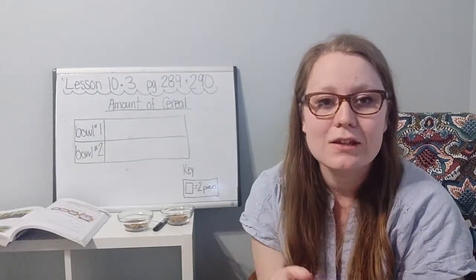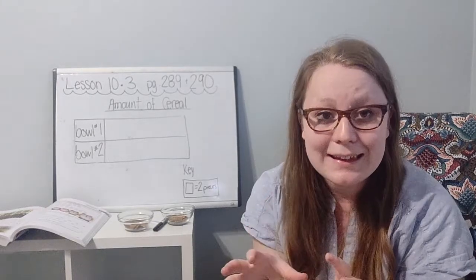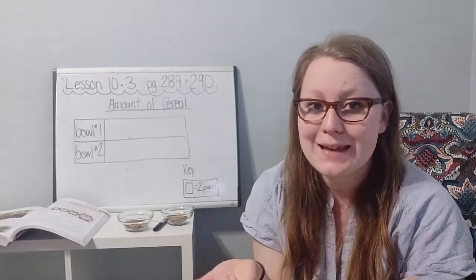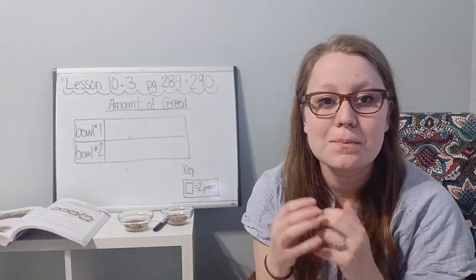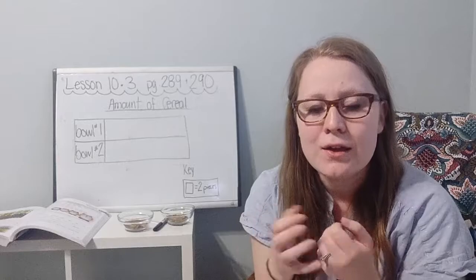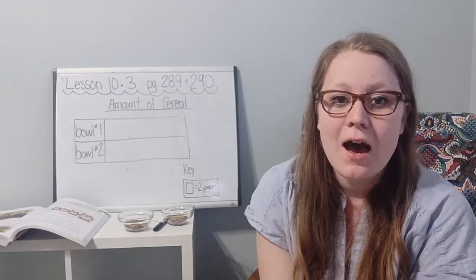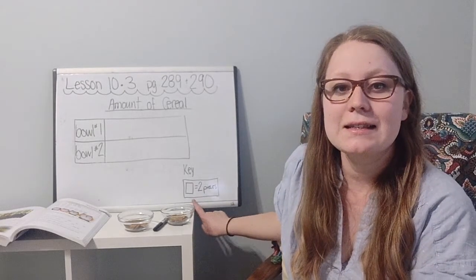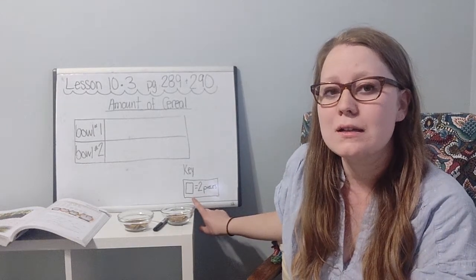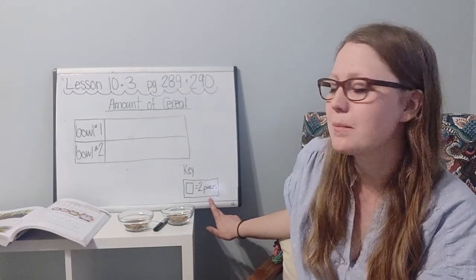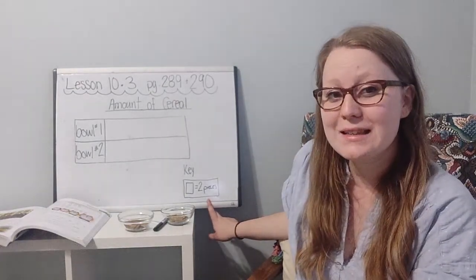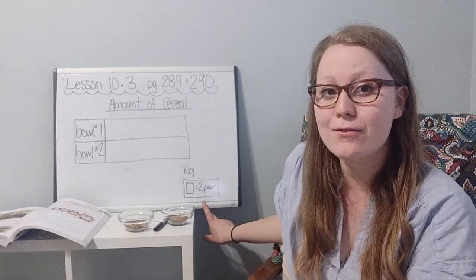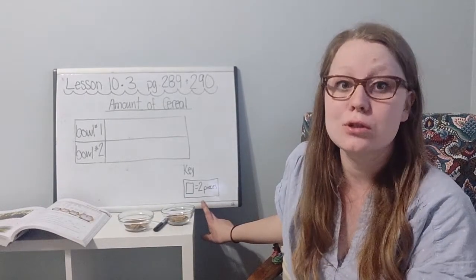You need to make sure that you look at the key to be able to understand how many each picture or symbol represents. So I have my key down here at the bottom, and it says that each square is worth 2 pieces, which means that every single time you see one square on the graph, it actually means 2 pieces.